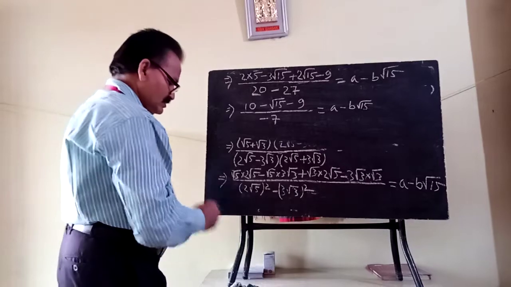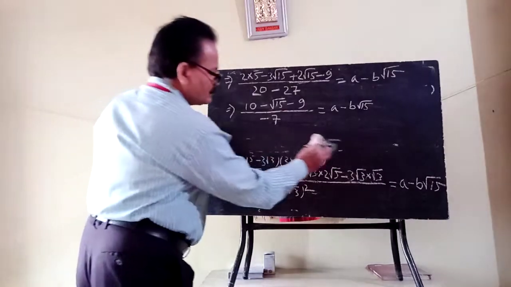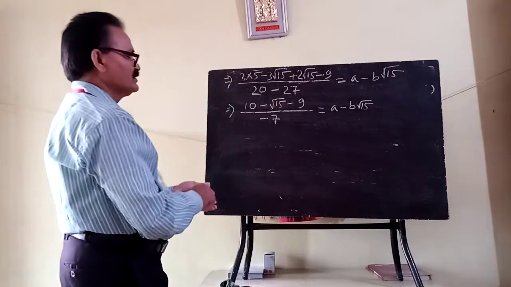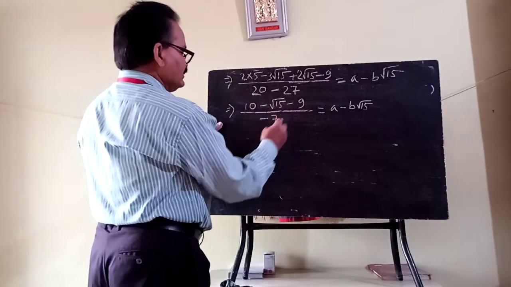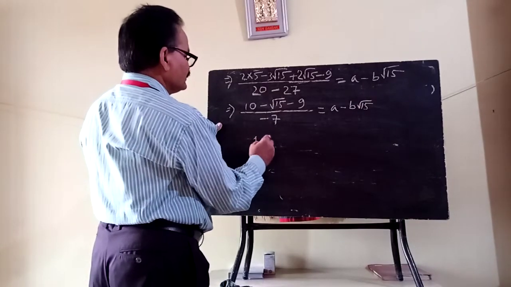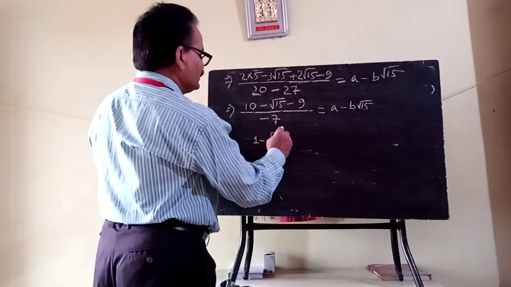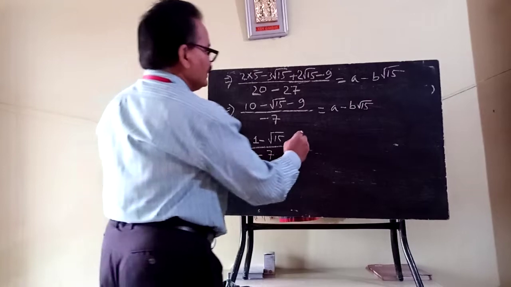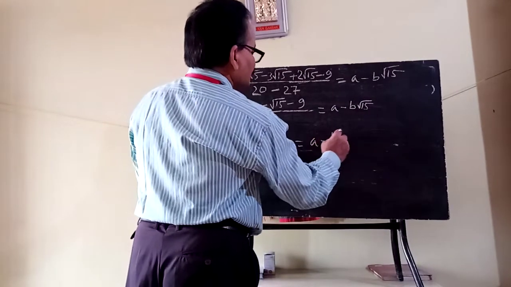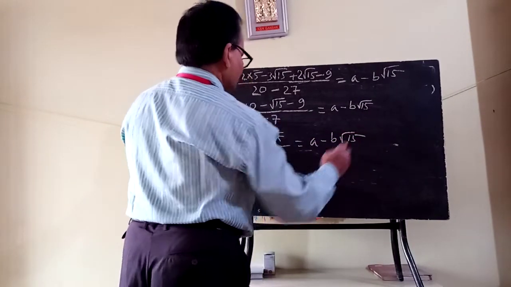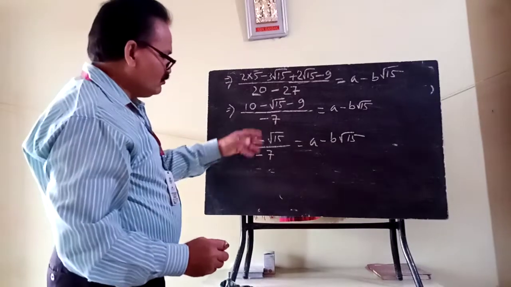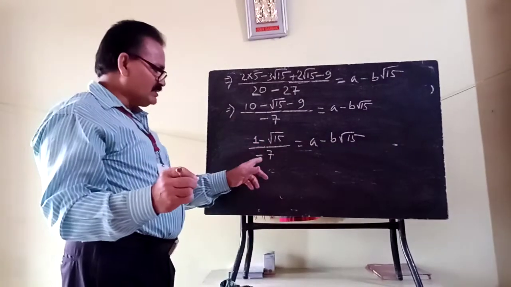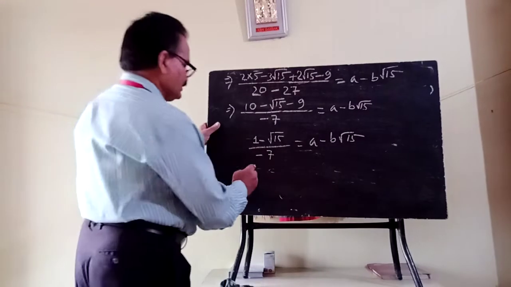So 10 minus 9 is your 1, minus root 15, divided by minus 7, equal to a minus b root 15. So now you multiply both numerator and denominator by minus 1 to make this positive.